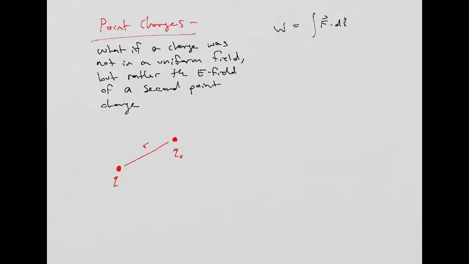Using this integral, we were able to show that the work done in moving this Q naught from a distance, let's call this distance not r, but rather RA, to a new distance, which we called RB, that work was given by Q naught times 1 over RA minus 1 over RB.